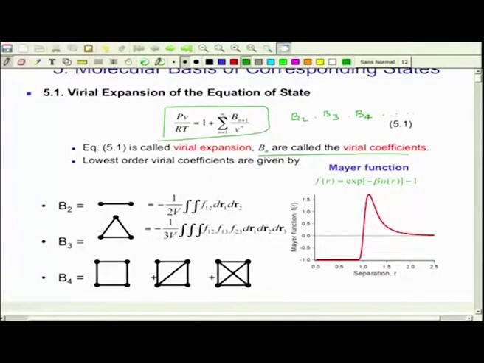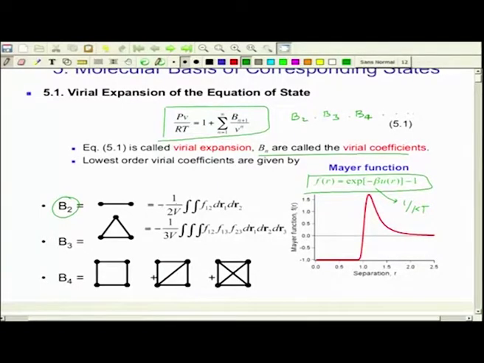The way it is represented in statistical mechanics is that B2 is basically two particles connected by a Mayer bond, which is given by the function f. f is the Mayer function, which is exponential of minus beta U, where beta is 1 by kT and U is the potential energy between these two molecules or two atoms in this case.